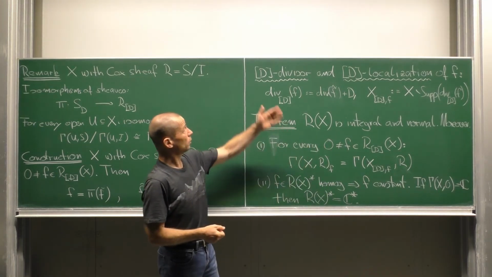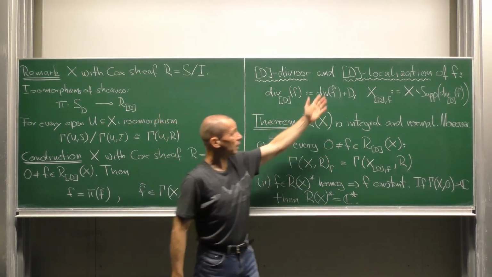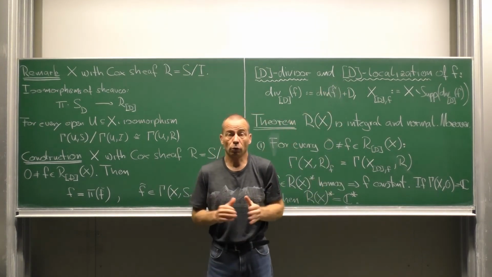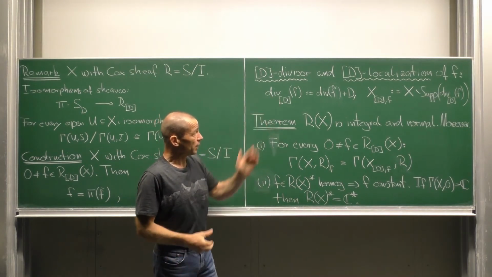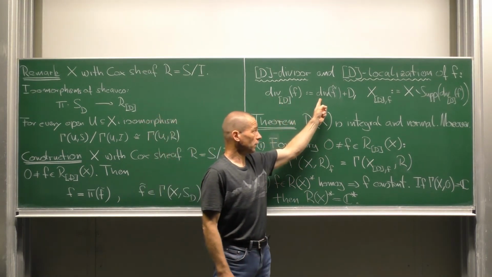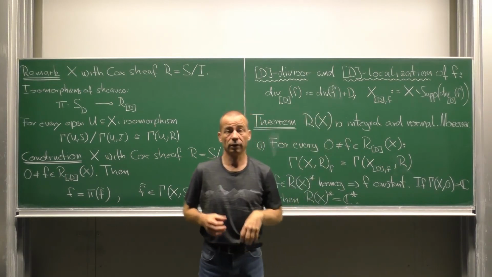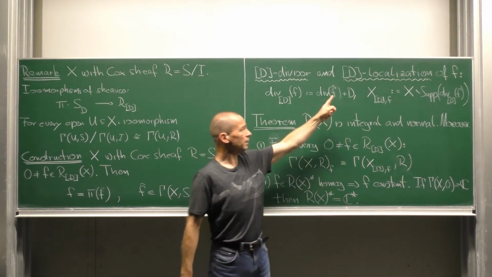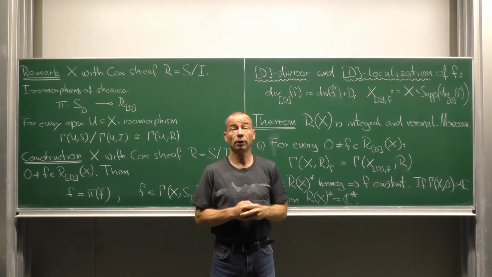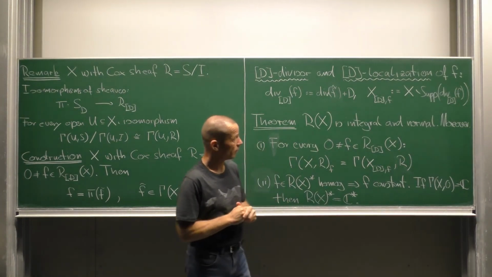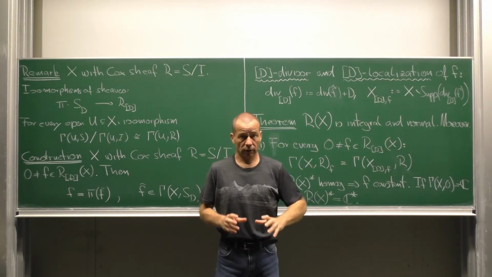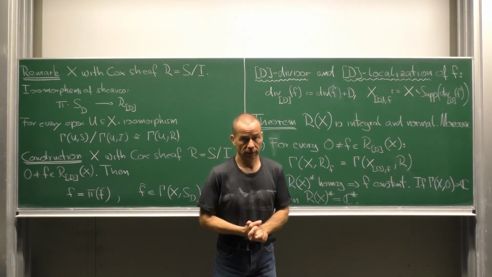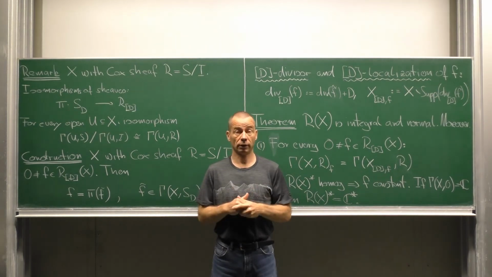This we use to define the class D divisor and the class D localization of the homogeneous section F of the Cox ring. The class D divisor of F is the divisor of the representing section F tilde plus D, the degree of the representing section F tilde. The class D localization of F is just X minus the support of the class D divisor of F.